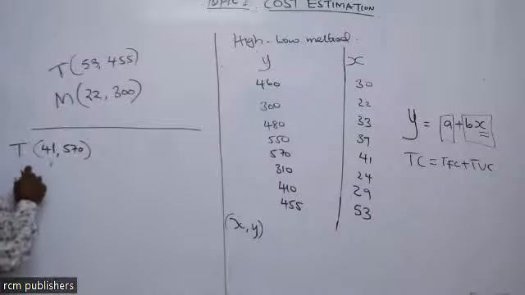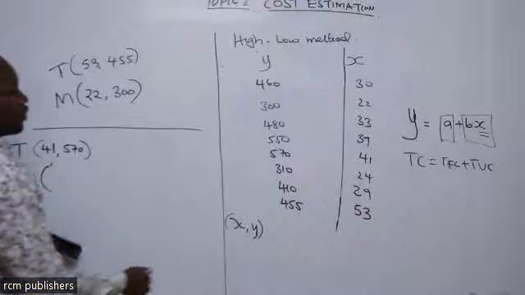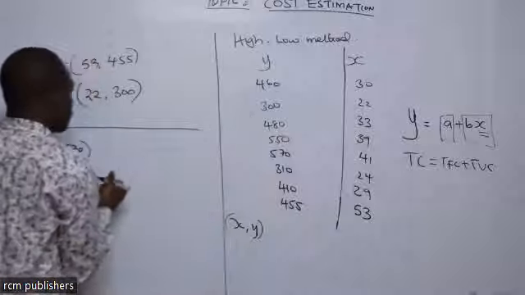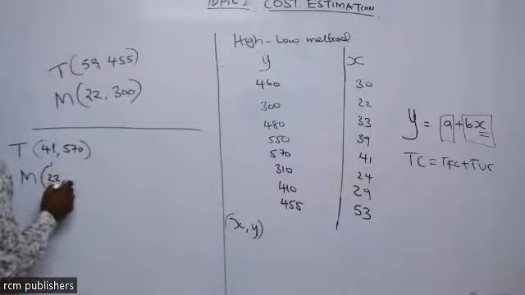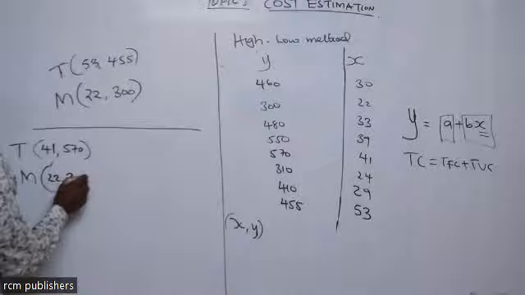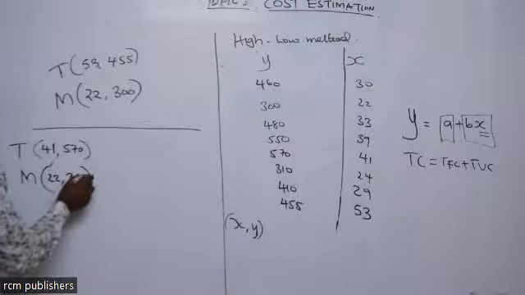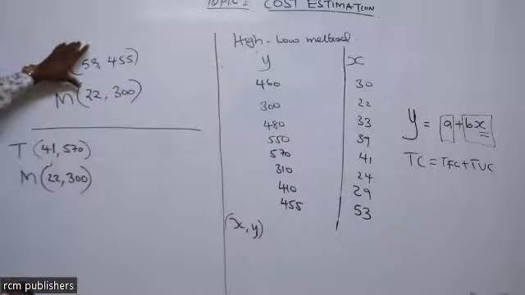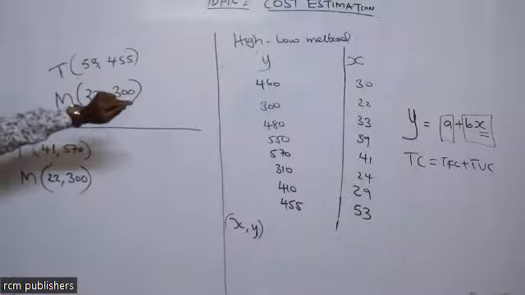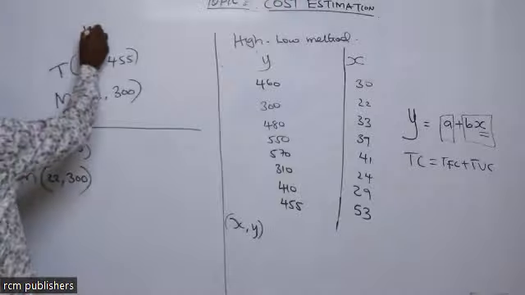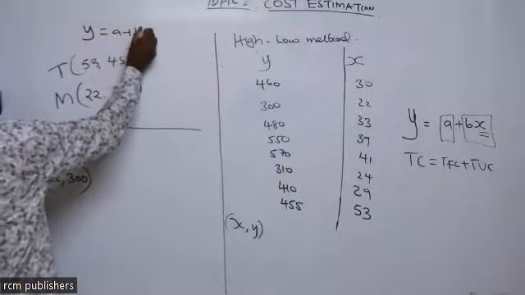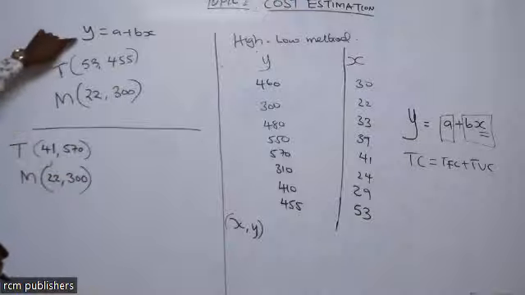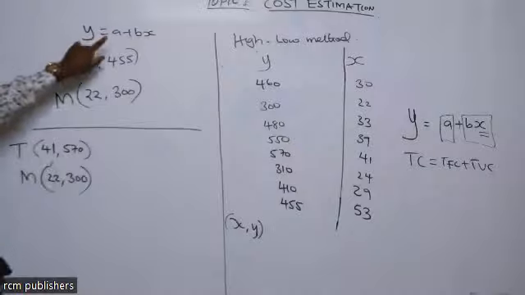They look for the lowest value here, get it as 300, so it will be 22, comma 300. Group A will take this to work out and get their cost function, which is y equals a plus bx. Team B will also use this to calculate their y equals a plus bx.